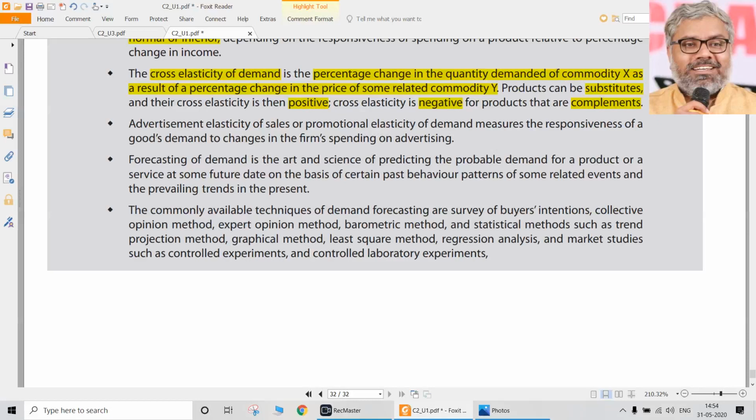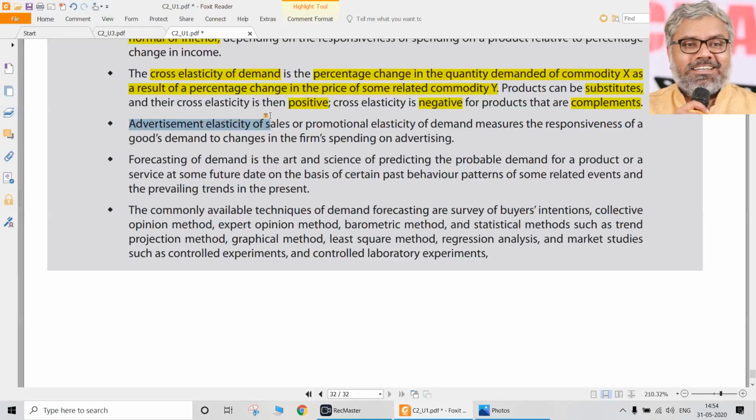However, we cannot conclusively say that if the cross elasticity is negative, the goods are always complements. We cannot say that always. But are they generally complements? Yes, in general. But there are certain exceptional situations also. So that is a point to be noted in relation to the sign of cross elasticity of demand, which is also an important aspect.